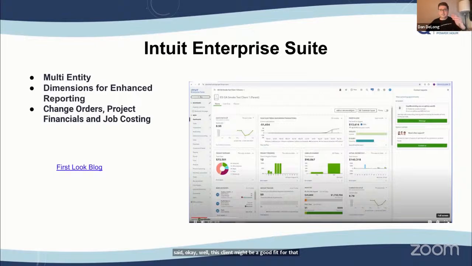And I think that was what I was interpreting as they were announcing all of this: the majority of the folks here wouldn't have a whole lot of clients that would be best suited for something that would be in the thousands per year with the Intuit Enterprise Suite. Matthew, what do you think?